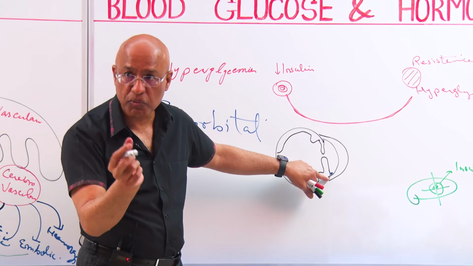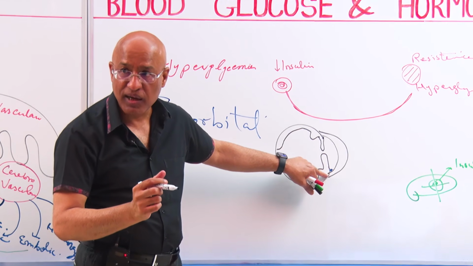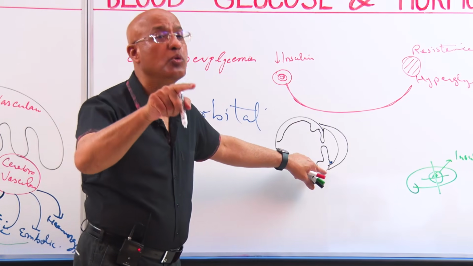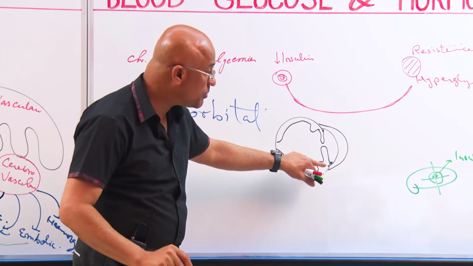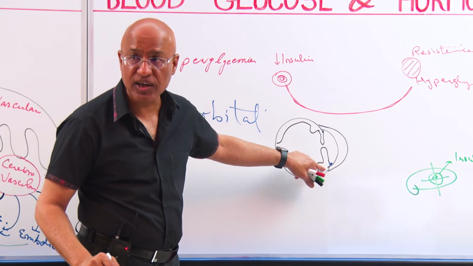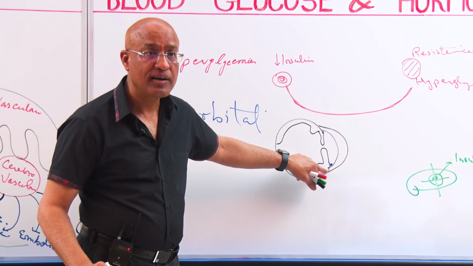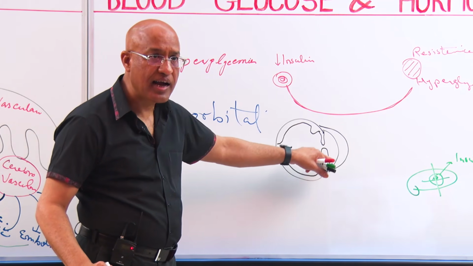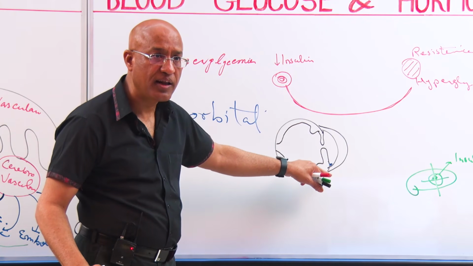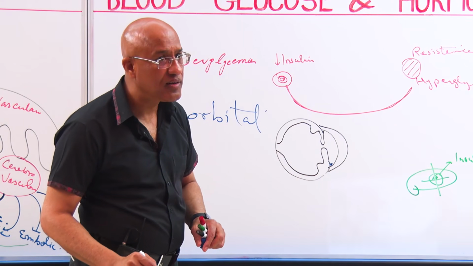Drainage system is blocked. Why? Because there is abnormal glycation. Number 2, there can be neovascularization here. Pathological new vessels develop here, right, at the drainage angle, and aqueous humor cannot drain, and that leads to what?